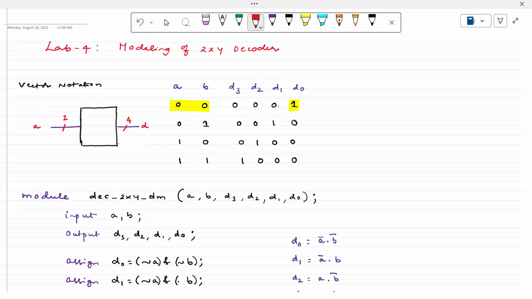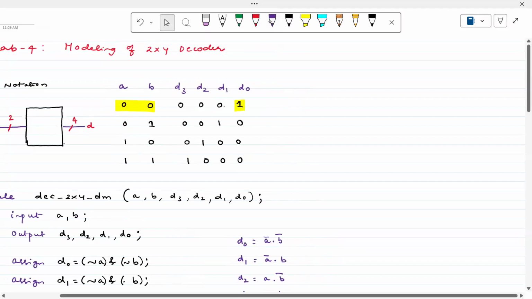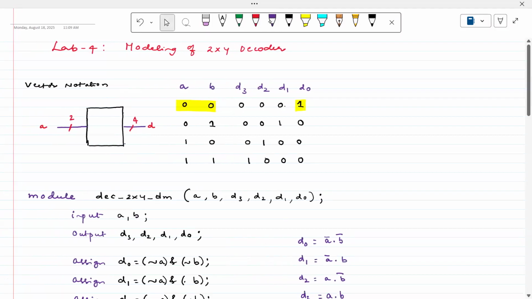The moment you write A here, if A is a 2-bit line, we have to write A of square brackets 1 down to 0. We have to write A of 1 down to 0.